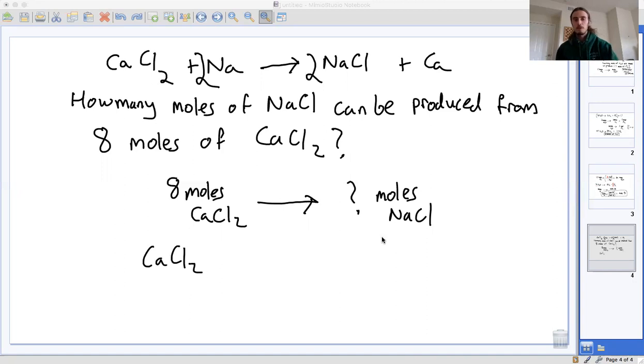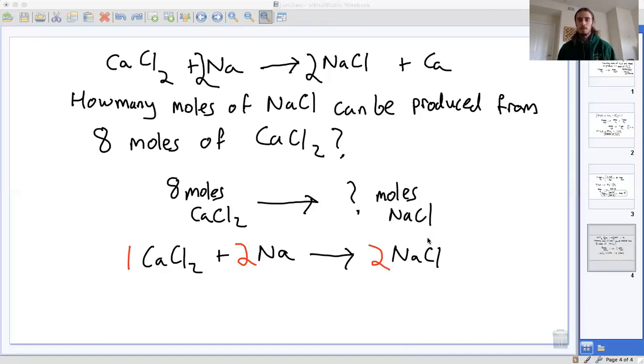1 calcium chloride, right? 1 calcium chloride plus 2 sodiums makes 2 sodium chlorides plus 1 calcium.